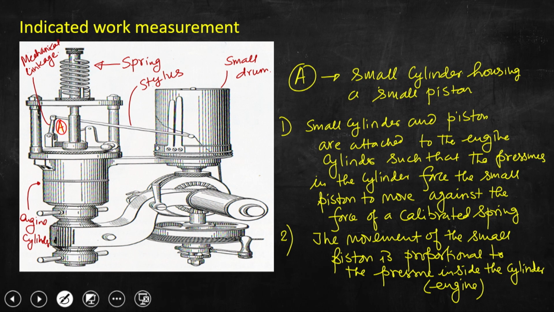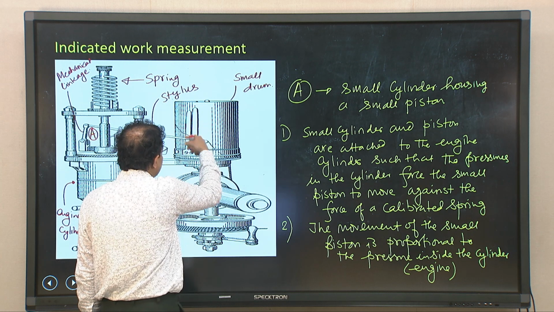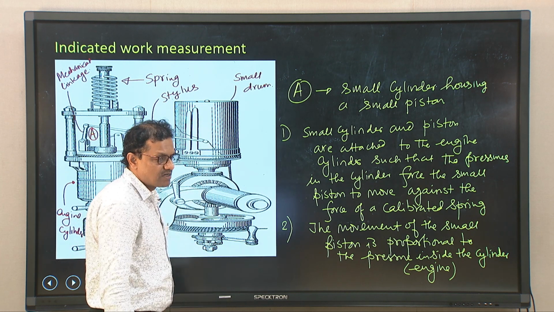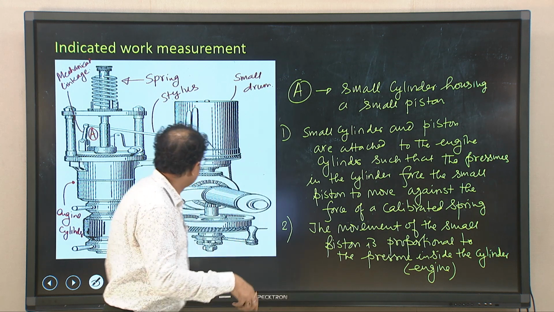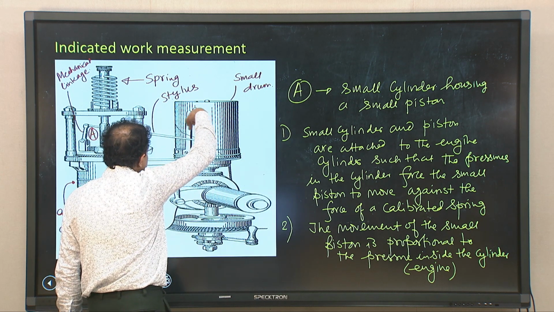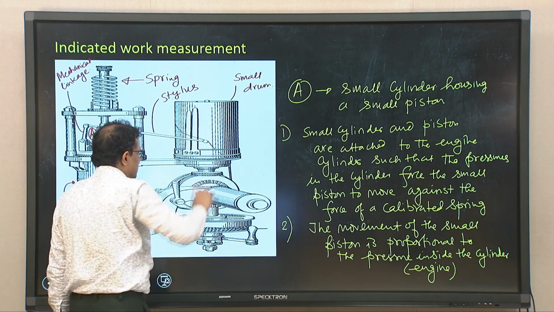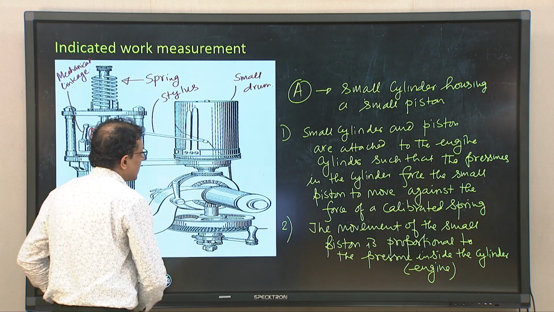So, that movement of the piston is transmitted to the stylus that you can see here through this mechanical linkage. And you can see on the right hand side of the schematic there is a small drum and a paper sheet is wrapped over the small drum.